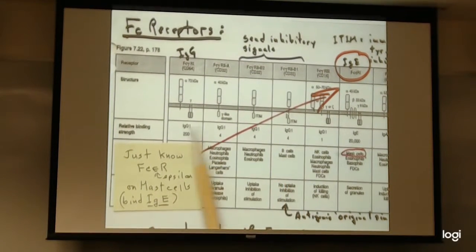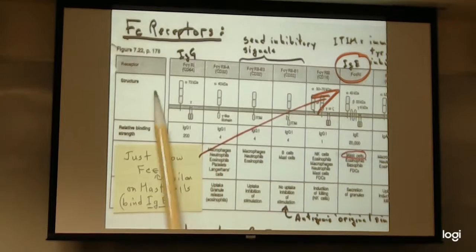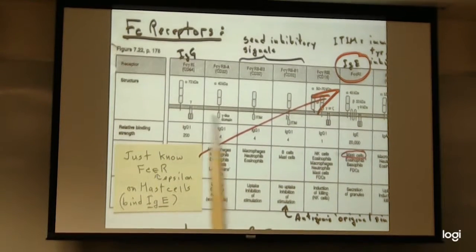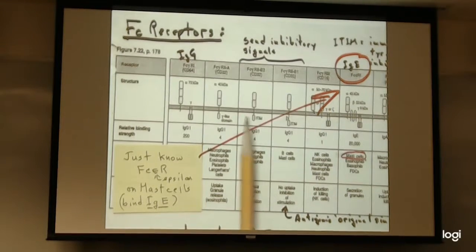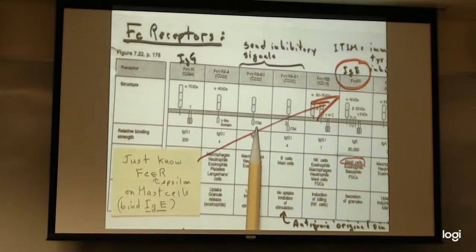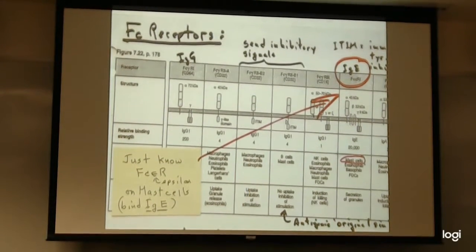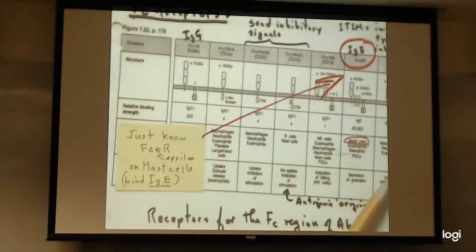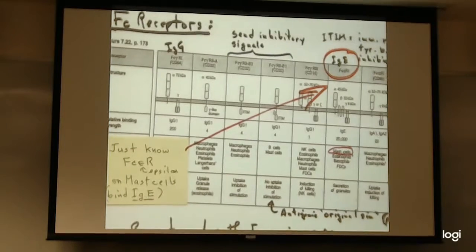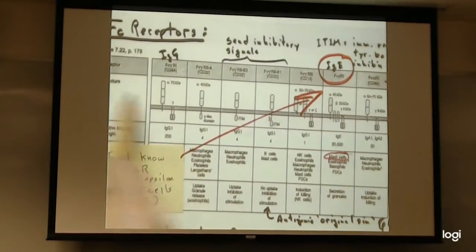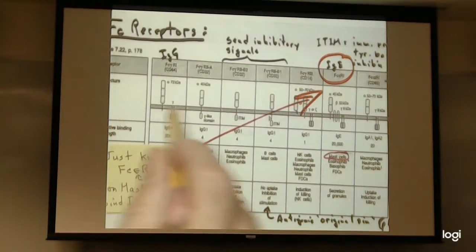They have associated either partner proteins or internal domains that initiate signal transduction events, and these can include sites for tyrosine phosphorylation. So these are recognizing IgG molecules.